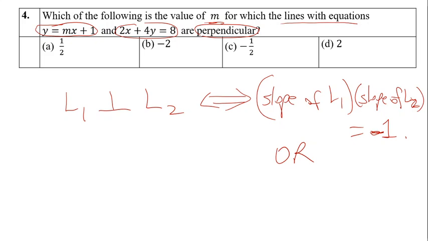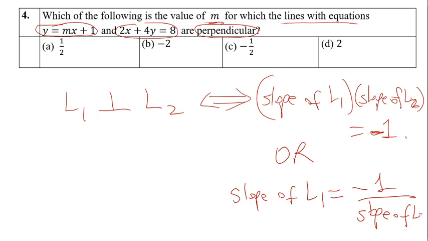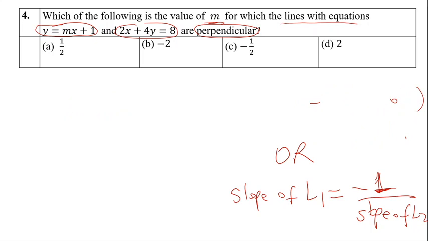Or we can write slope of L1 is equal to -1 over slope of L2. So here we say the reciprocal. This one is 1 over, it means reciprocal. Sometimes they say the slope of L1 is the negative reciprocal of the slope of the other line. So this is important. Now, if two lines are perpendicular, we have this.